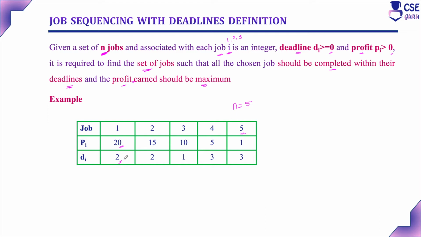So select such a job and add it to the set of jobs. Then one by one, considering its deadline, whether it can be completed within the deadline or not, based on that constraint, we can select the job and assign it to the computer for execution. So this is the job sequencing problem with deadlines.